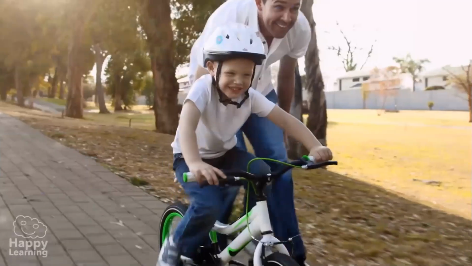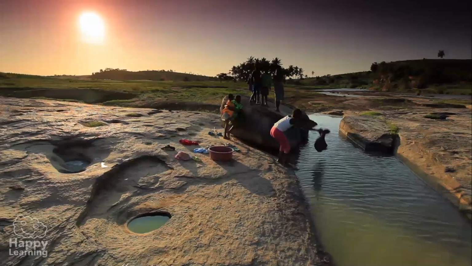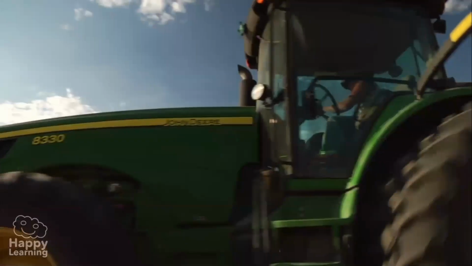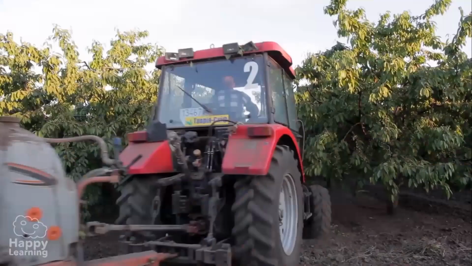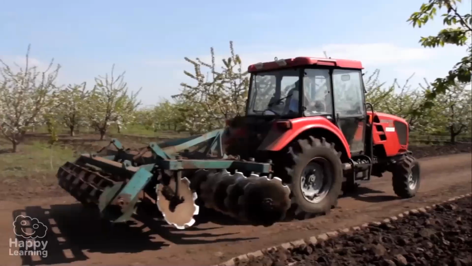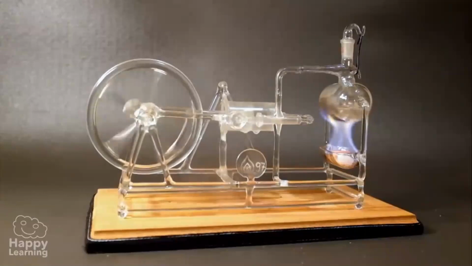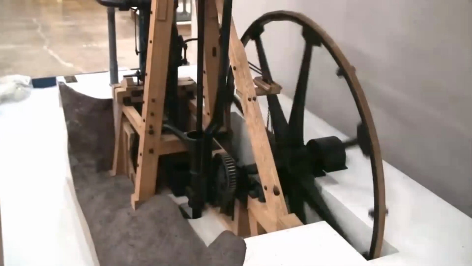This washing machine is also a complex machine, as well as an electrical gadget, which helps us wash our clothes thanks to electricity. If it didn't exist, we would have to wash our clothes by hand. This tractor is another complex machine and moves due to petrol. It helps transport heavy loads, as well as performing many other agricultural jobs. The truth is, both simple and complex machines are great inventions, aren't they?